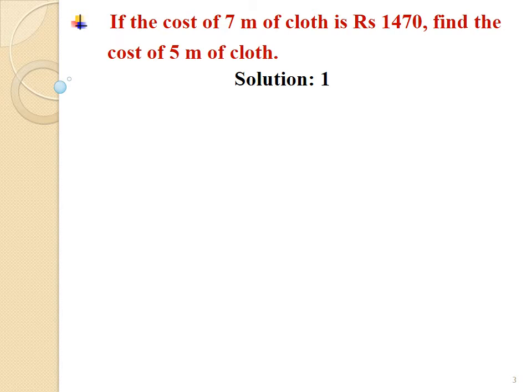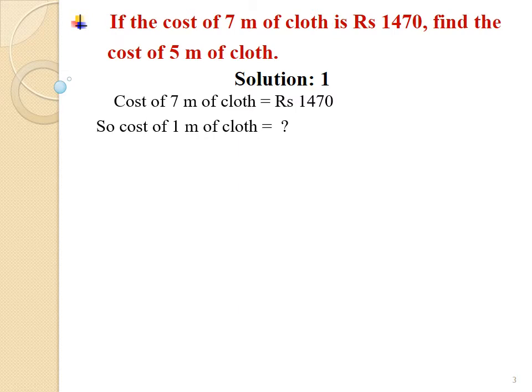Cost of 7 meters of cloth is rupees 1470. So, cost of 1 meter of cloth is equals to how much? By cross multiplying, we get 1470 multiplied by 1 upon 7.